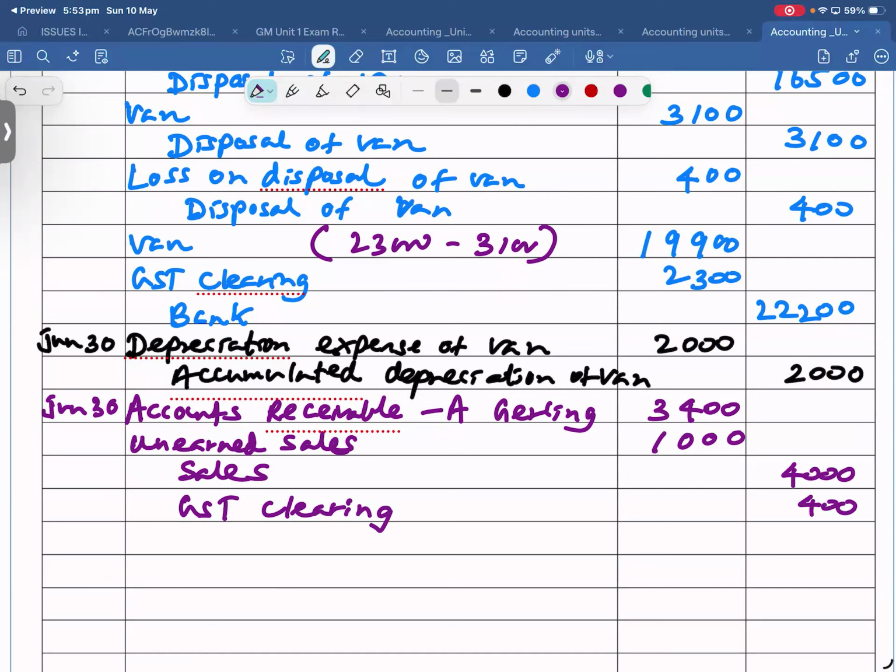Sorry, cost of sales, 50 percent, yes. 2,667. Inventory. Yeah, it's 266.